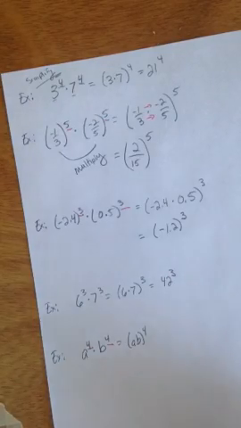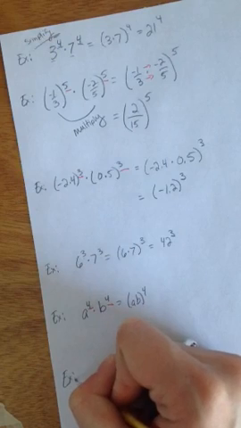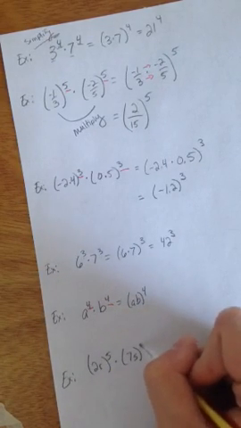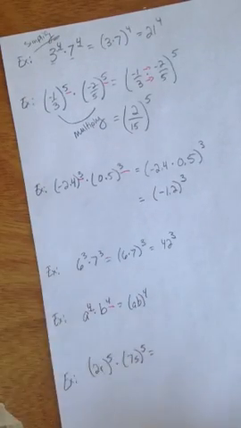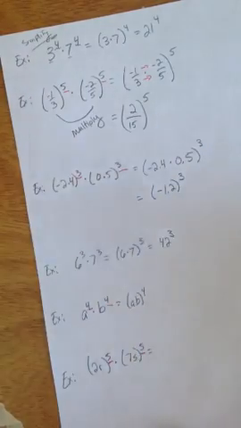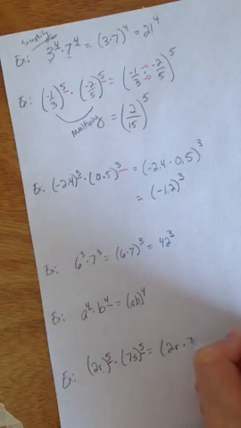Okay. If you want to get really fancy with your variables, I have 2r as one of my bases and 7s as the other base there. But they still have the same exponent, so I can multiply the bases. So I have 2r times 7s to the 5th.